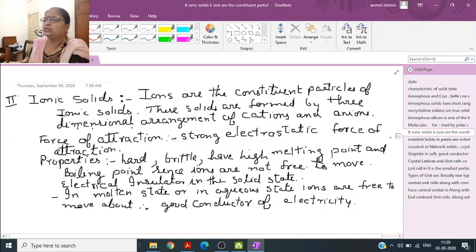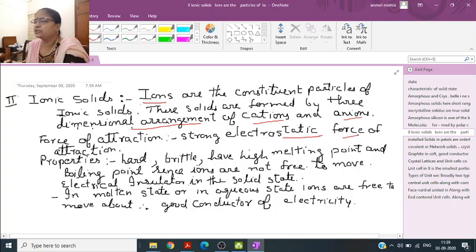Next is ionic solids. Now ionic solids are made up of ions, and they are formed by three-dimensional arrangement of cations and anions. The force of attraction among them is strong electrostatic force of attraction.